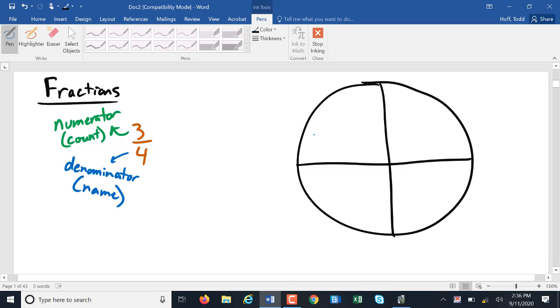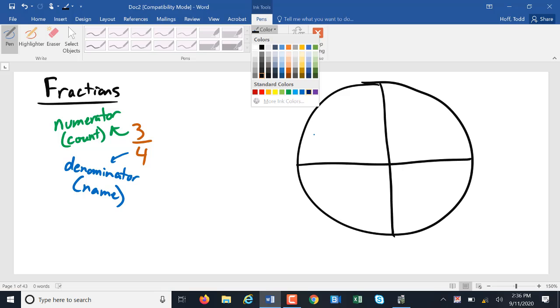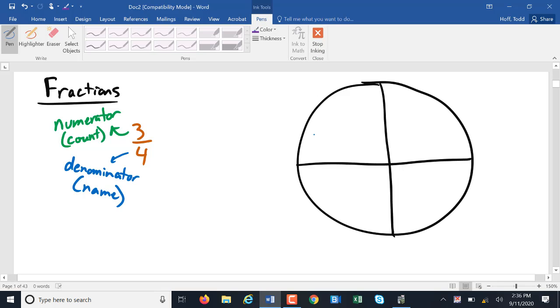Again, try to pretend those are equal. So there's 2 ways we can look at it. Either every whole object gets cut into 4 equal pieces, or you can look at it as it takes 4 pieces to make 1 whole object, whichever makes the most sense to you. And now, of course, the 3 means we have 3 of those pieces.